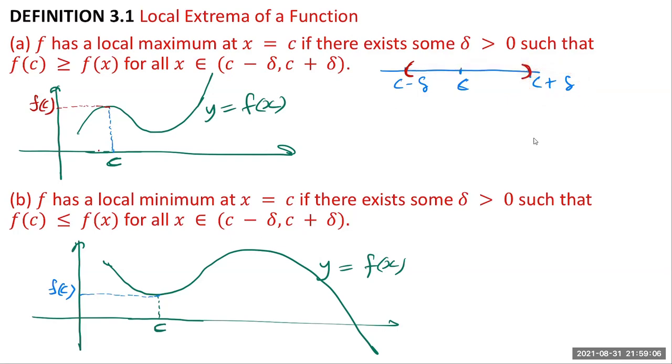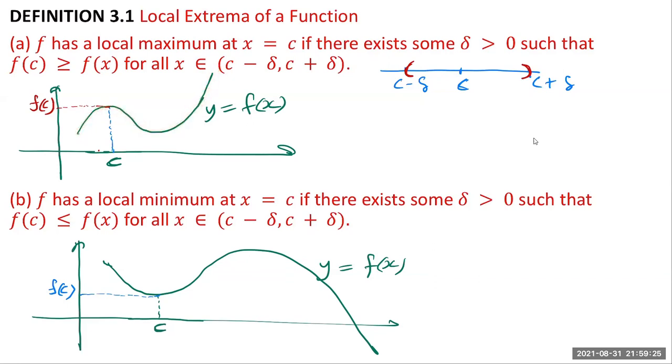If we can find such a delta, then we say that f has a local maximum at x = c. Here is an example where you have a local maximum at x = c. Suppose you have a graph of y = f(x), which looks like this.